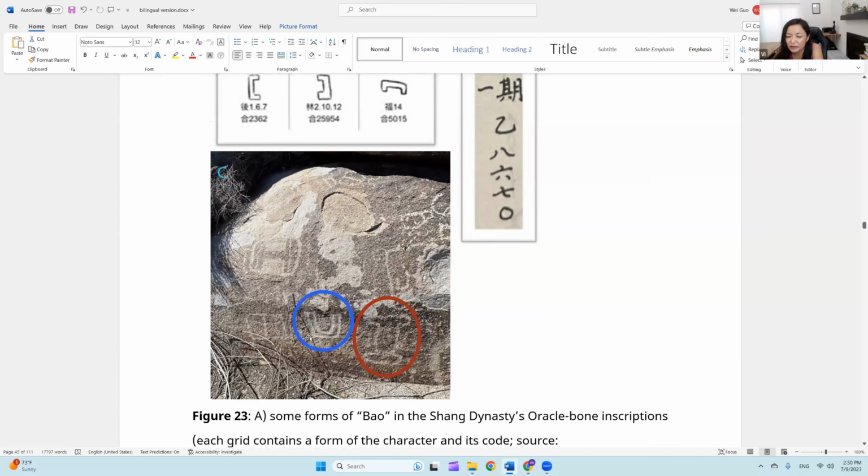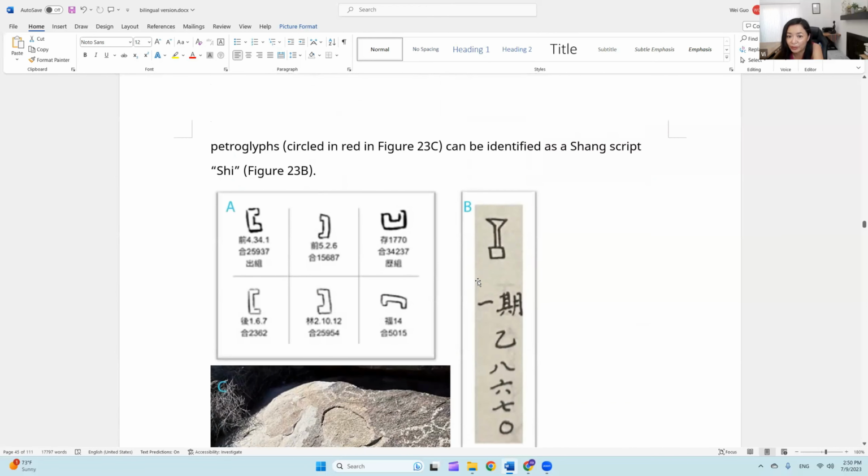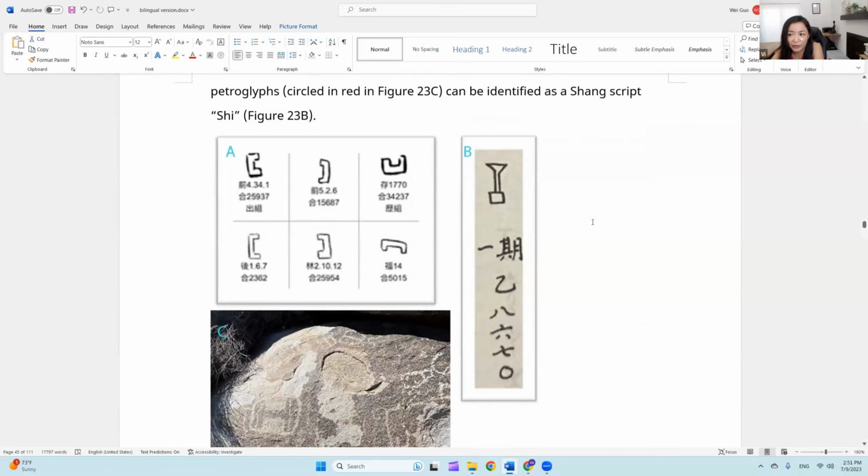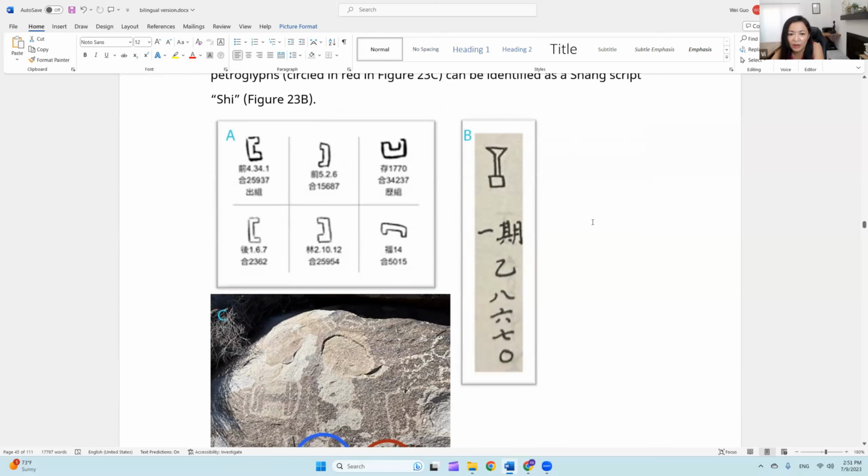You see actually the petroglyphs look more formal than the oracle bone. You know why? Because oracle bone was only the records of the reigning king's activities, but the bronze inscriptions were all carved on the vessels, the national vessels, very important vessels. So bronze inscriptions basically look more formal than oracle bone inscriptions.